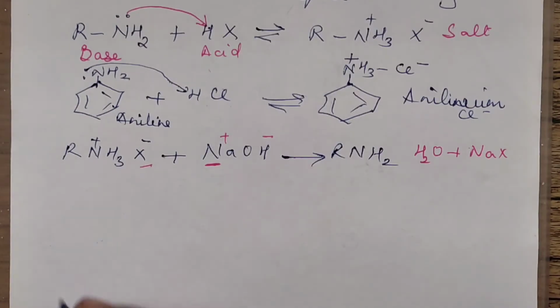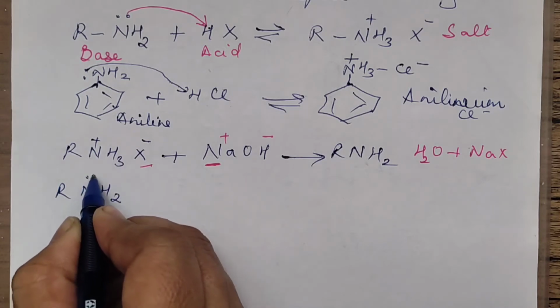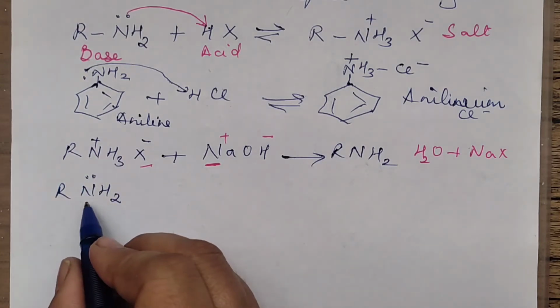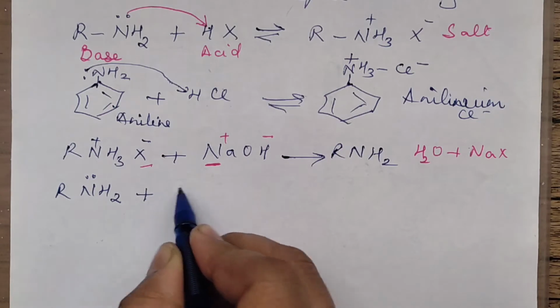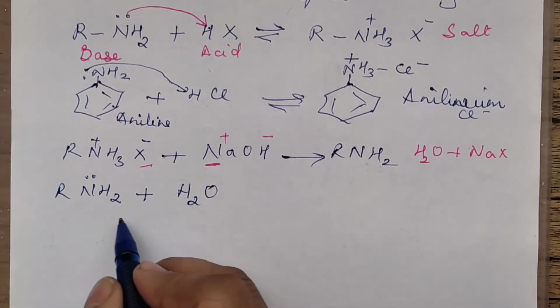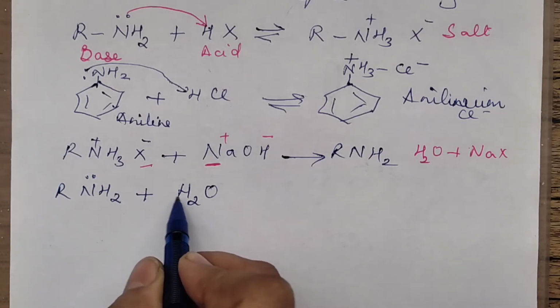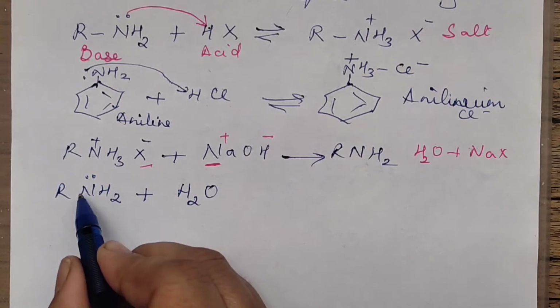Now, these amines, say RNH2, because they have a lone pair of electrons on nitrogen, also have a tendency to react with water. In this also it is giving the lone pair of electrons to H, because water has H plus and OH minus. So one of the H goes here.